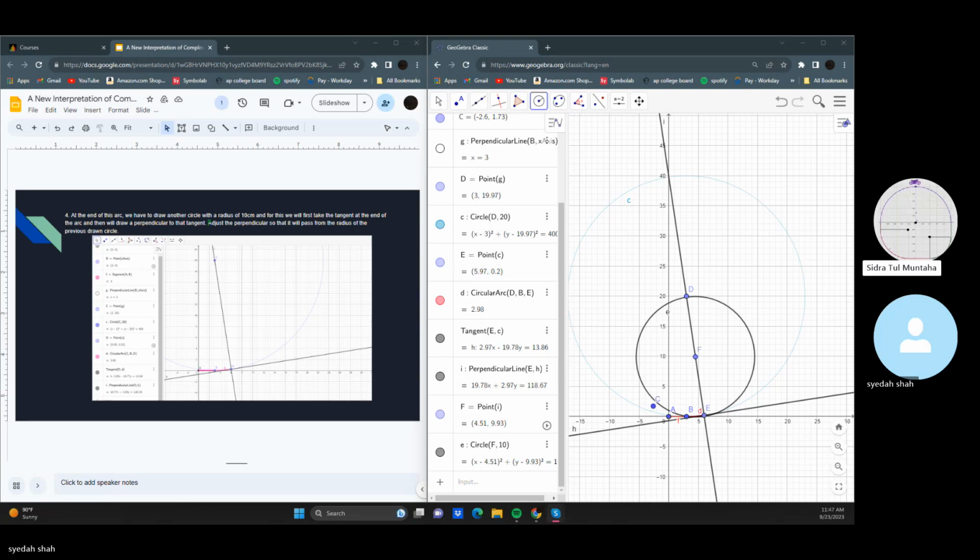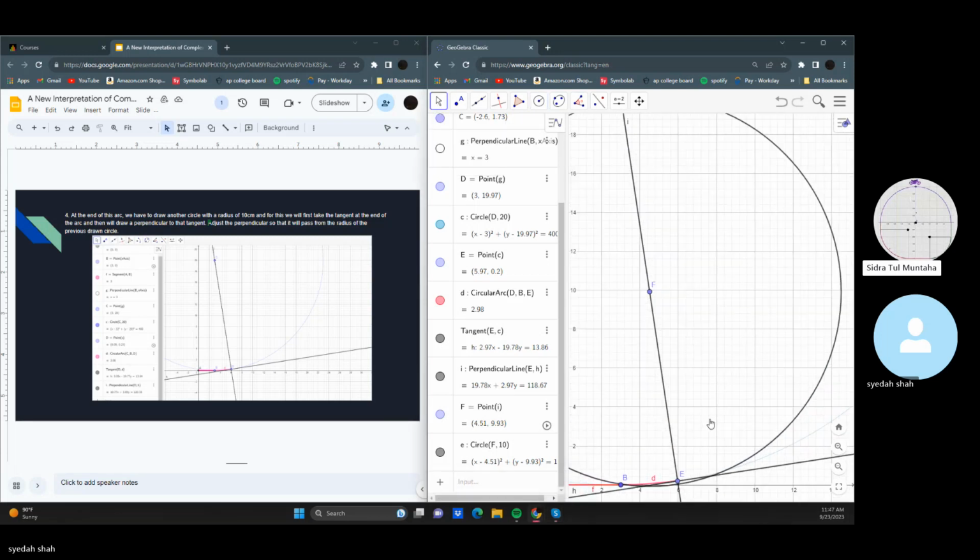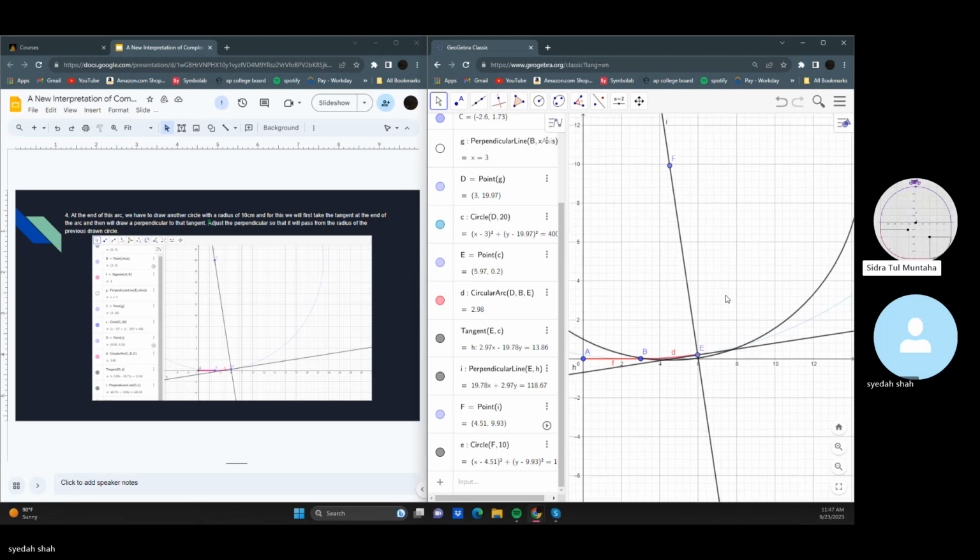Can you please zoom this to the point E and press escape? Before zooming, press escape. Okay, so that circle is not actually going through that point E. So you can adjust the point F a little bit up so that it will cross through this point E. Yes, now it's perfect.